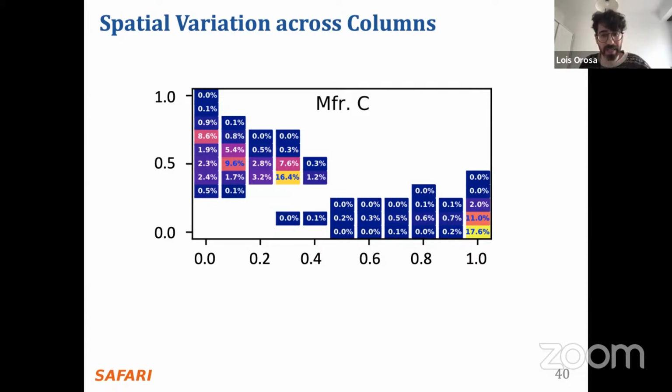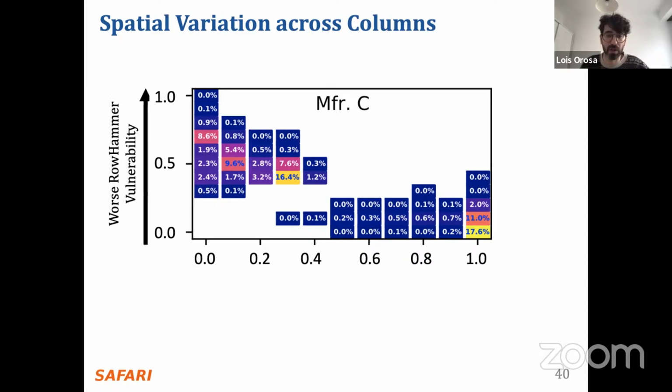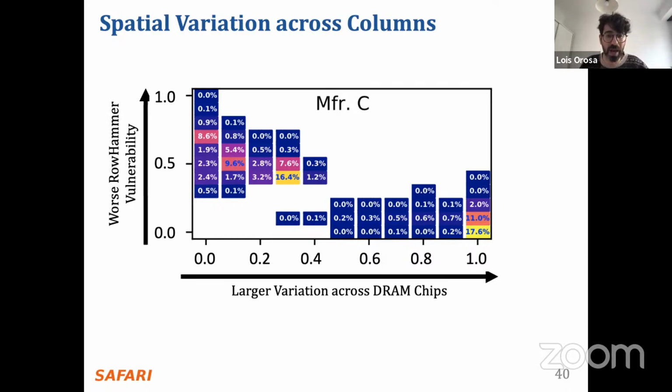To further investigate the variation across columns and chips, we cluster each DRAM column based on its RowHammer vulnerability on average across DRAM chips and the variation in its vulnerability across DRAM chips. This plot shows the population density of DRAM columns exhibiting a level of RowHammer vulnerability and variation across chips.